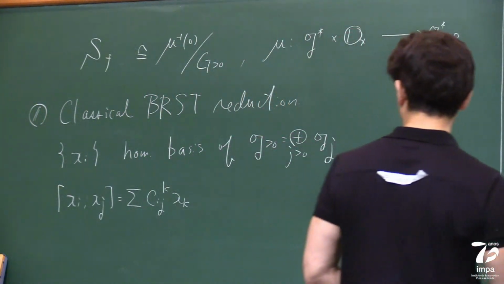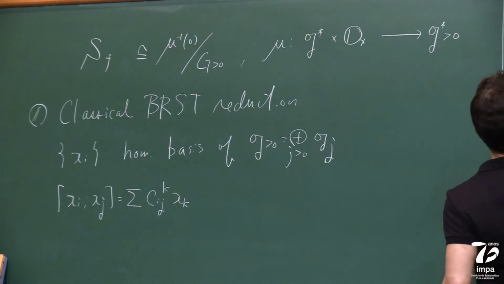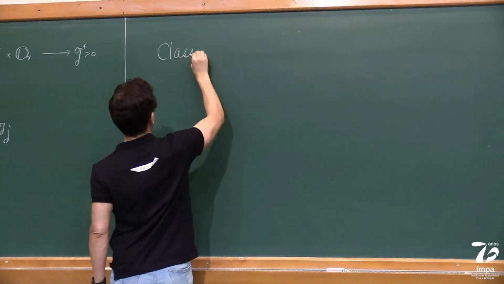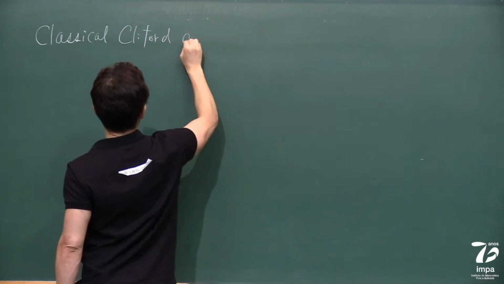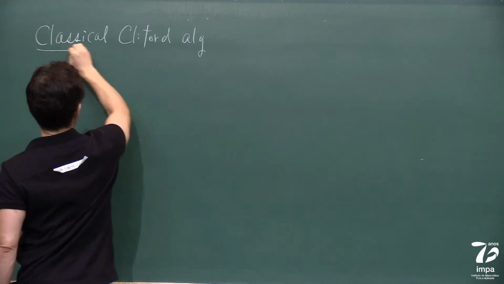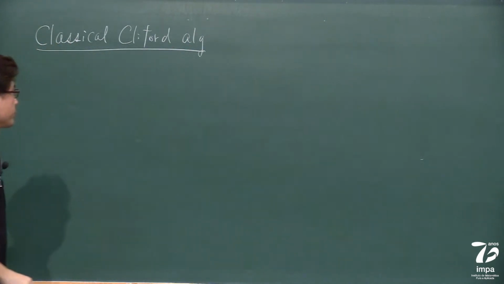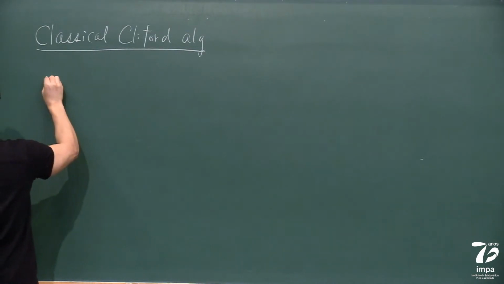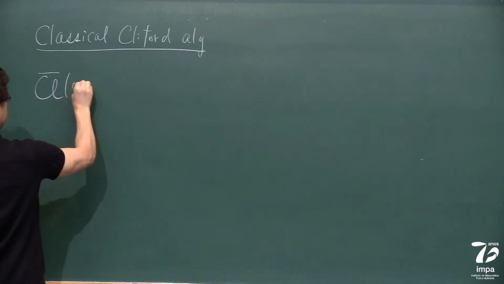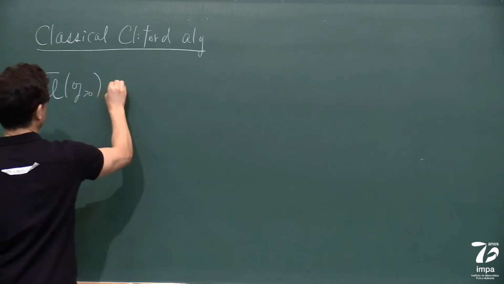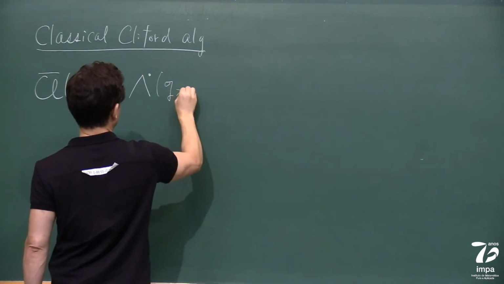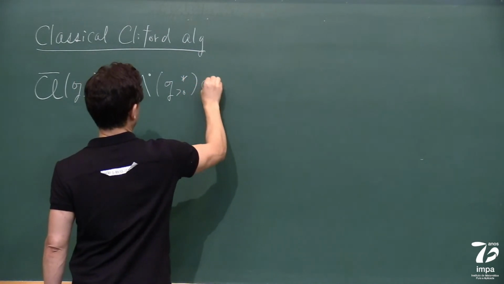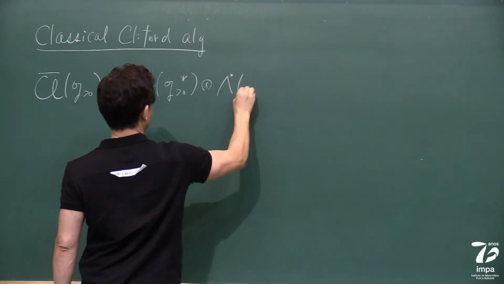Then first I introduce the classical Clifford algebra. So this is a Poisson superalgebra. As a vector space, this is just a tensor product of the Grassmann algebra of G positive star and the Grassmann algebra of G positive.